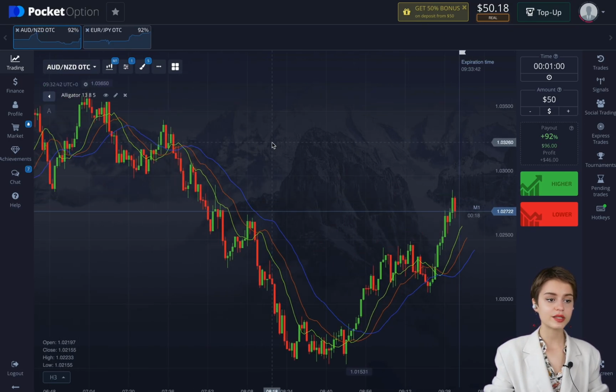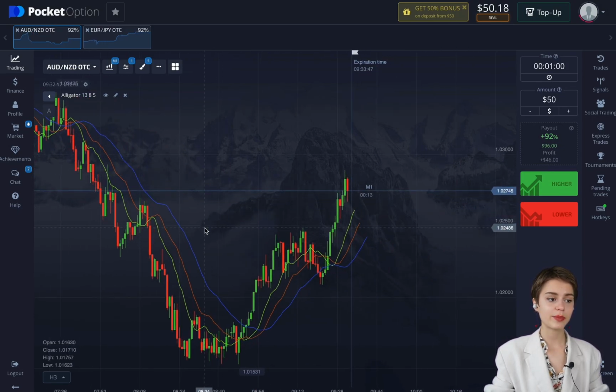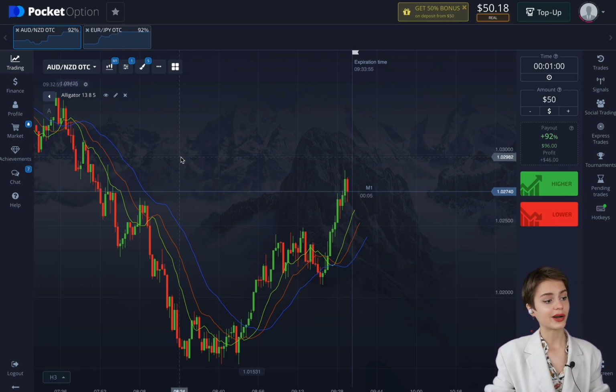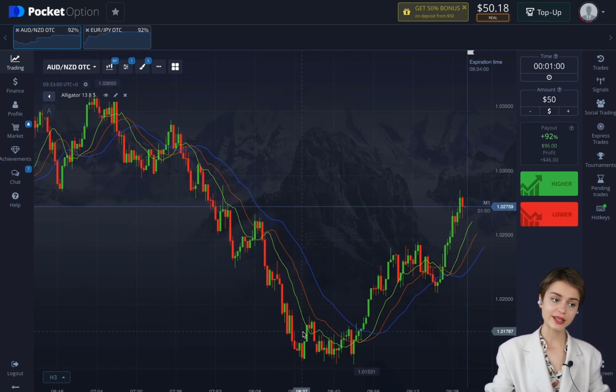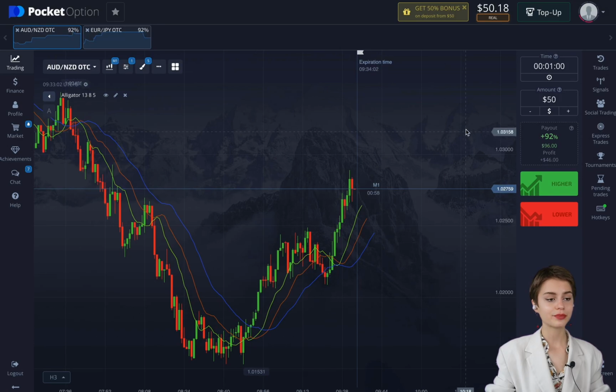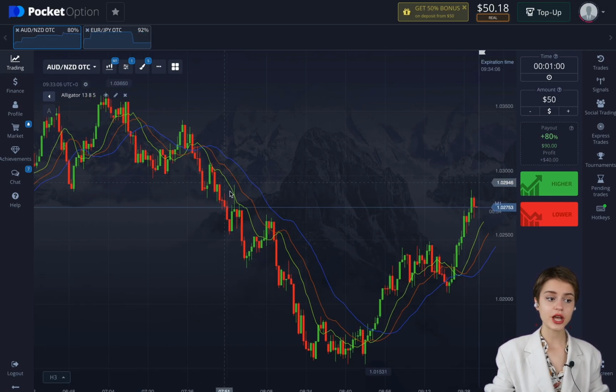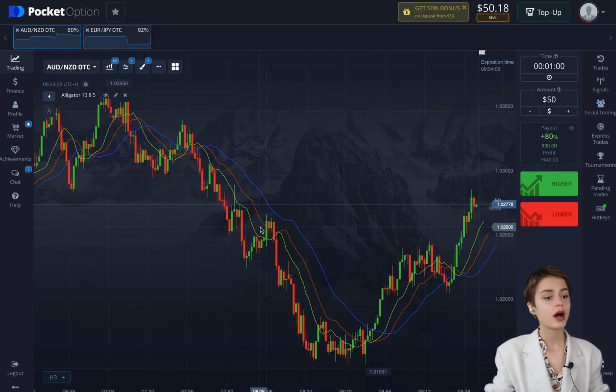The second one: we see the three lines, green, orange and blue, and those three lines may be some kind of support or resistance levels. On a downtrend, those lines are resistance, and on an uptrend, those lines are support. On a downtrend, we're waiting for the chart to touch any of those three lines.